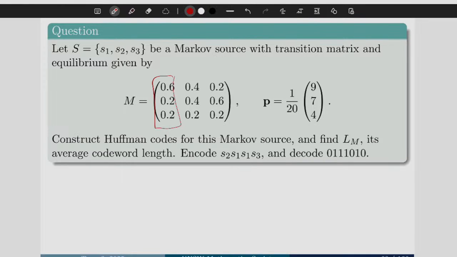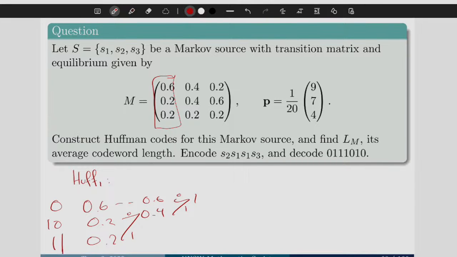The very first column, which is my Huffman 1, is going to be 0.6, 0.2, 0.2. Putting in 0.6, that's going to be 1, and then using that construction, I have 0 as my code word here, then 1, 0, and 1, 1. These are my constructions here.